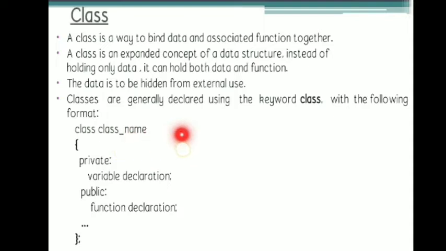The variable declaration is the data member declaration, and the function declaration is the member function declaration. So a class can contain two things: the data member and the member function. This combination we call a class.